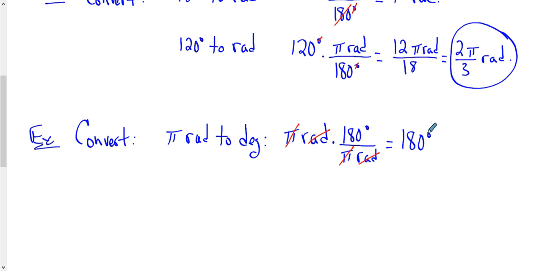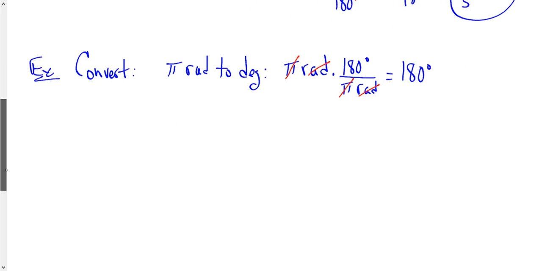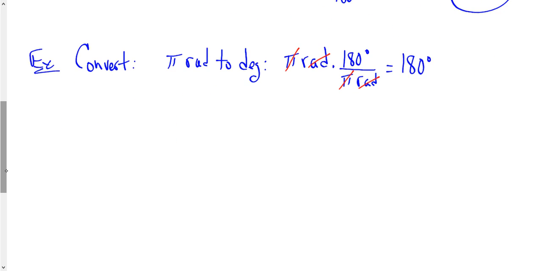Let's try a different thing other than just pi radians. Let's try pi over 2 radians to degrees. Okay, so let's start with our pi radians over 2, right?